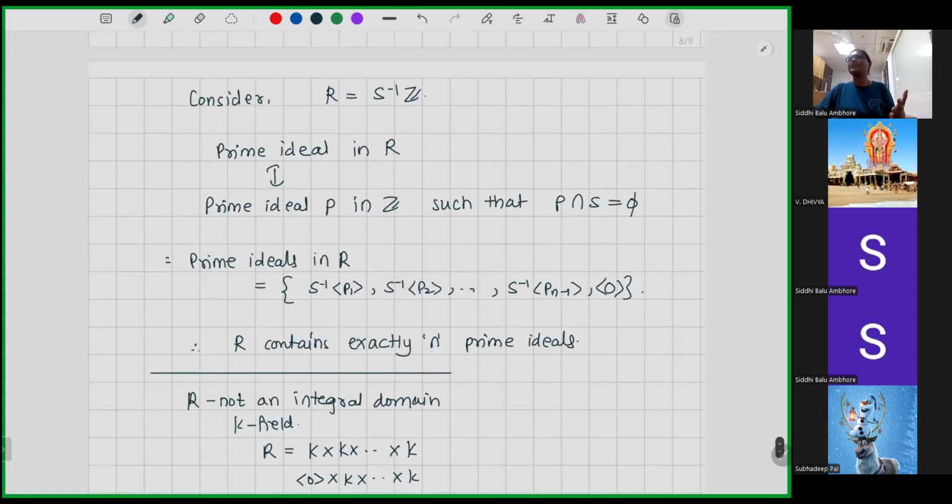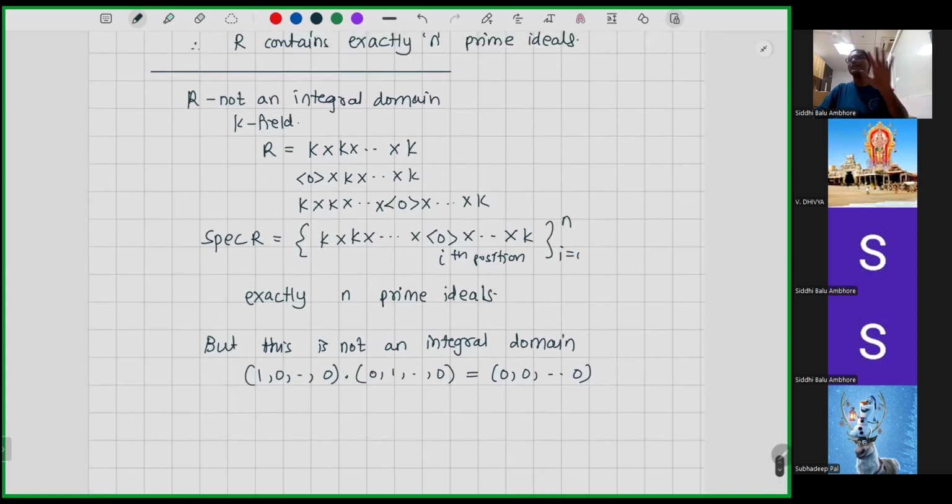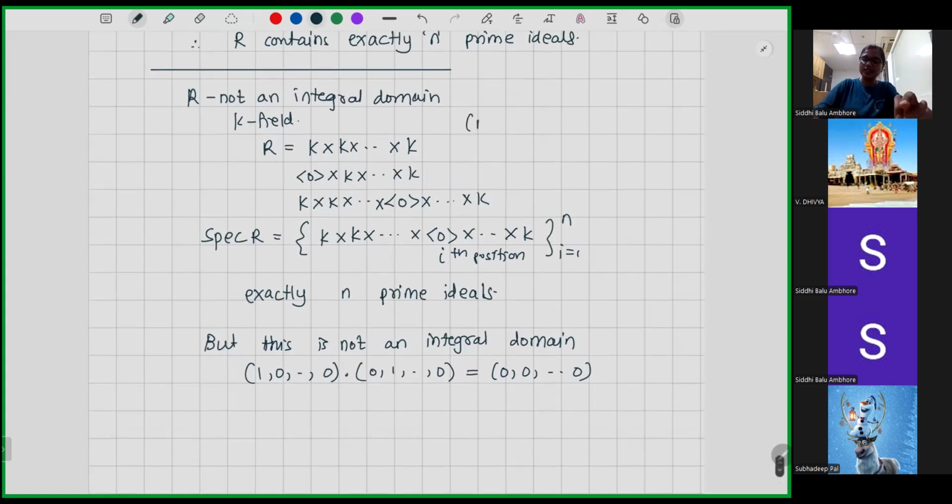We gave them the integral domain which has exactly n ideals, but this is a quick example where we have exactly n prime ideals, but unfortunately the ring is not an integral domain here. Of course, if n is equal to 1, then it is a field. That's very trivial. But apart from that, if n is greater than 2, it's not an integral domain.